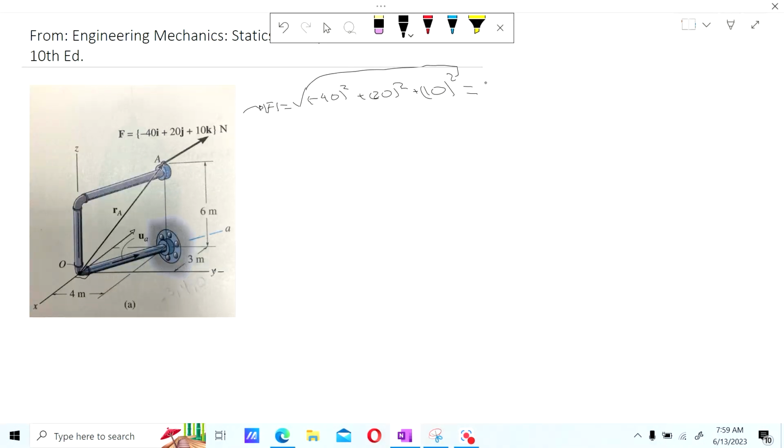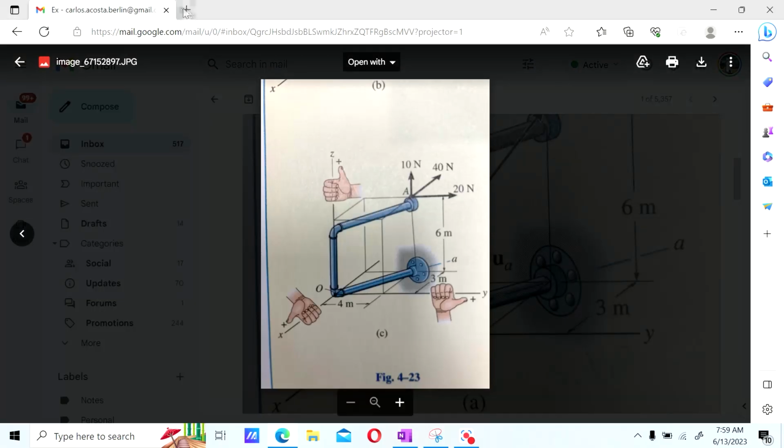Actually we can do it right now, just to have an idea of what's the magnitude of the force. Perhaps I can even use Wolfram Alpha for this, so you get familiar with how to use it.